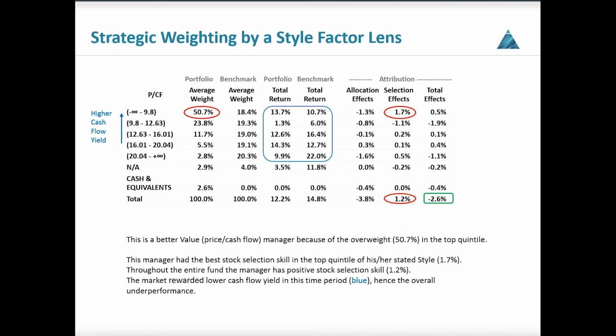In addition, we can see that through all the quintiles, the manager still had a positive stock selection skill of 1.2%, and that it was the market impact on the other 4 quintiles that led to a negative 3.8% on the allocation, and as a result, the portfolio underperformed by a negative 2.6%. But this report does show how the manager invested where they said they would and how they had great stock selection skill within that quintile.